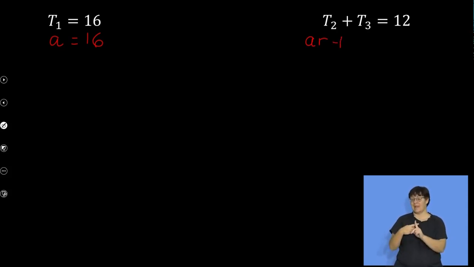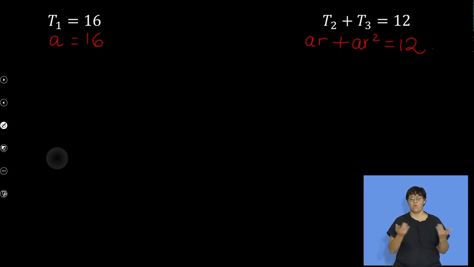This is going to be added to term 3, which is AR squared. So AR plus AR squared is equal to 12. This simultaneous equation has been made slightly easier for us because I know what A is from the beginning.